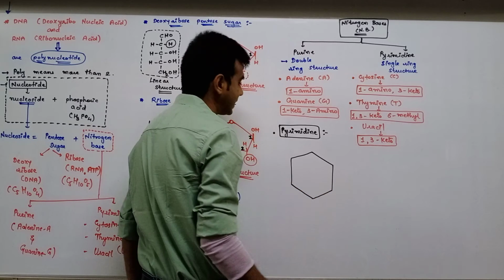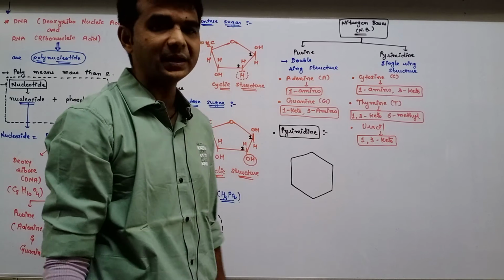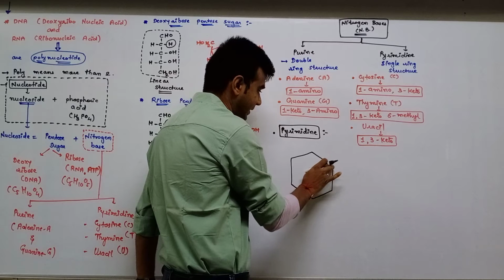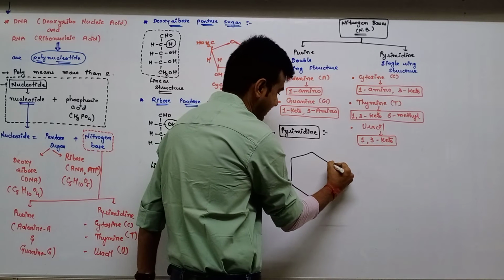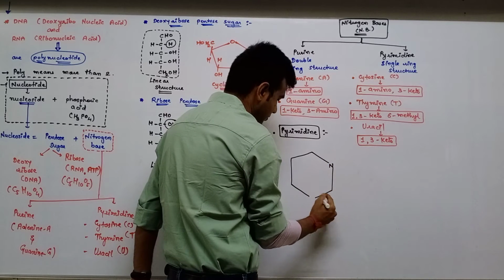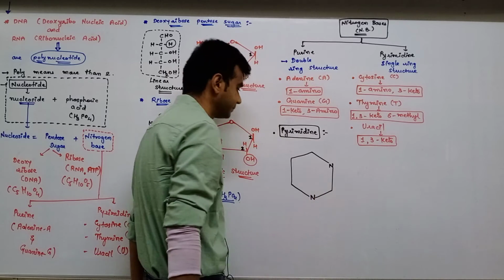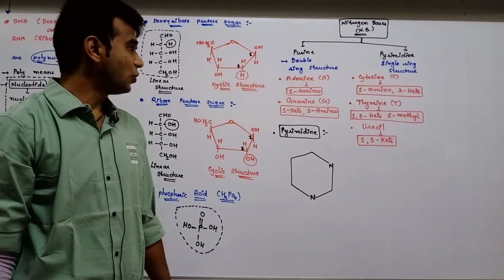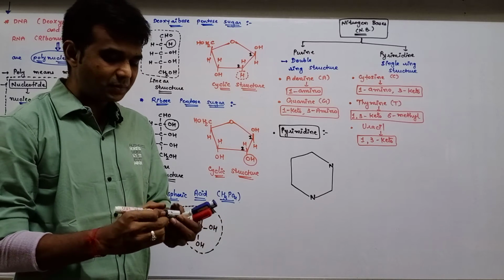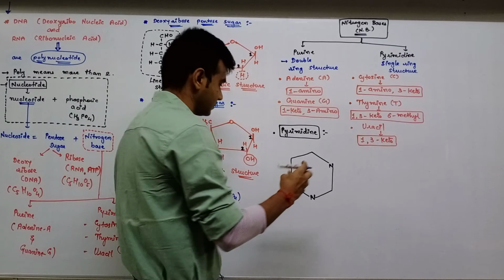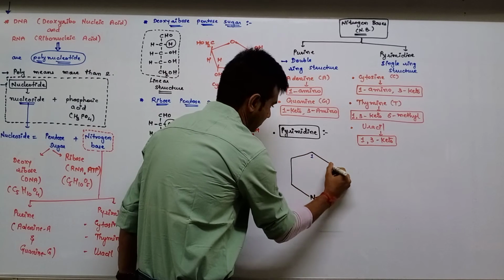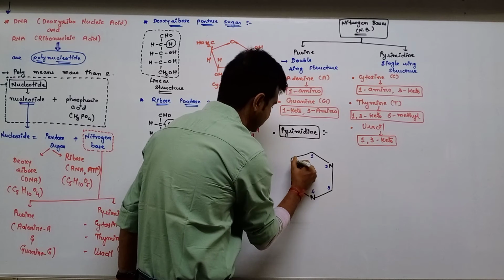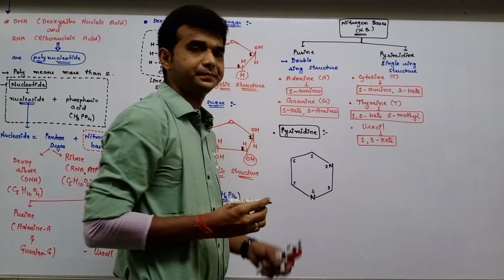Yes, you are right. Just like a benzene, a hexagon is there. So at this you write N, at this also you write N. The code is according to the given number, 1 2 3 4 5 6 like that.